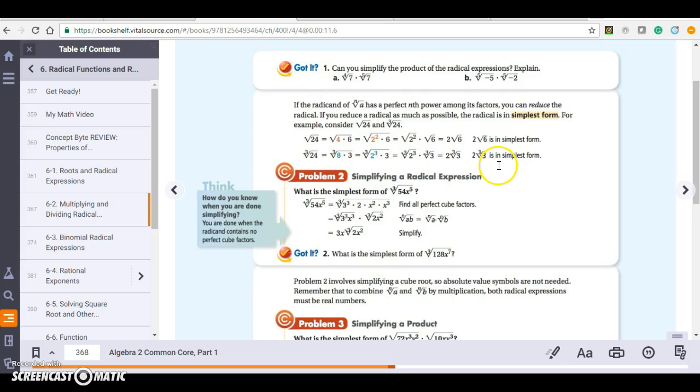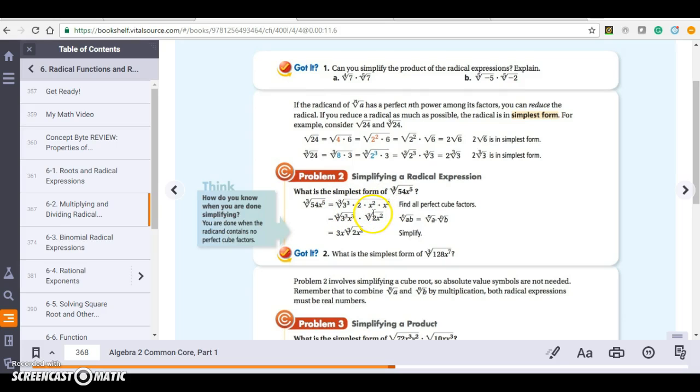It's the simplest form. So now it says, what is the simplest form of the cube root of 54 times x to the 5th? Well, I would break it down, and I know that 3 to the 3rd power is 27. So 27 times 2 equals 54. And they broke it down in this way so that we can see that I can take this cube root out.